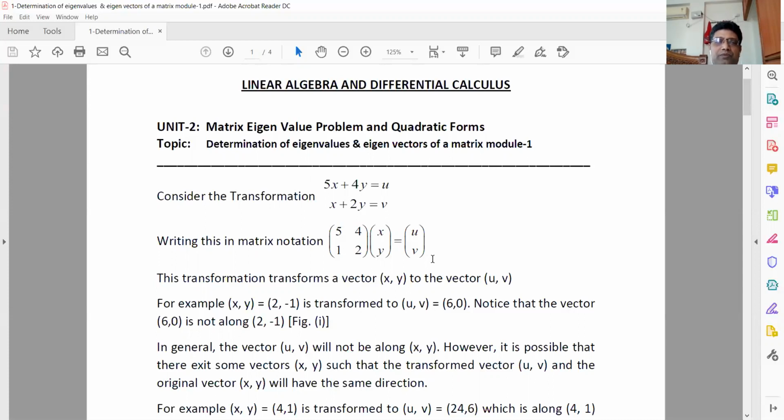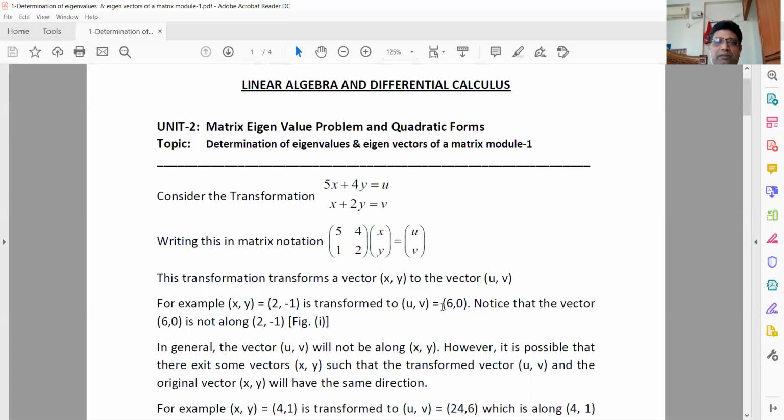For example, if I take x, y equals 2 comma minus 1, and operate with this matrix 5, 4, 1, 2 on it, it transforms to 6 comma 0.